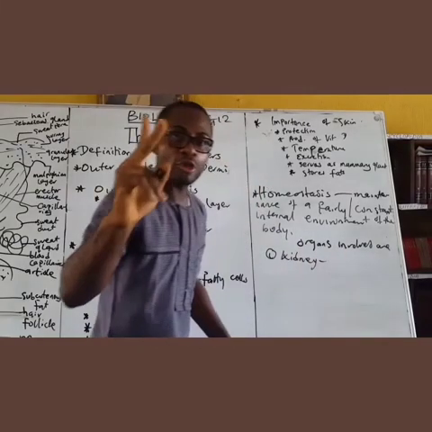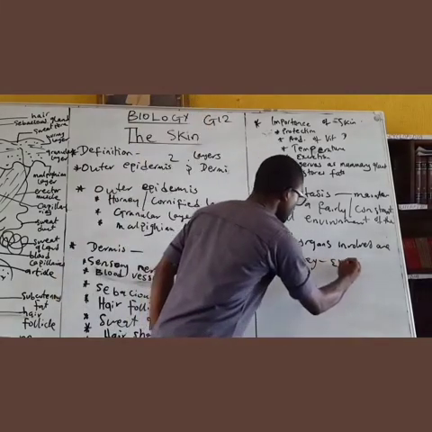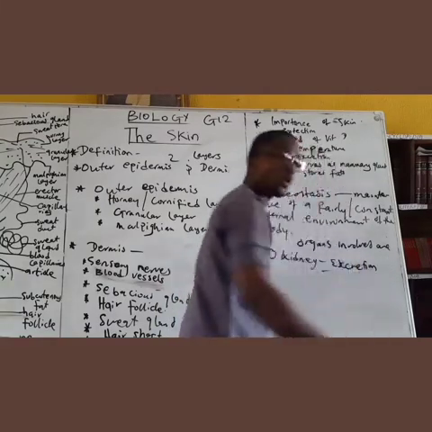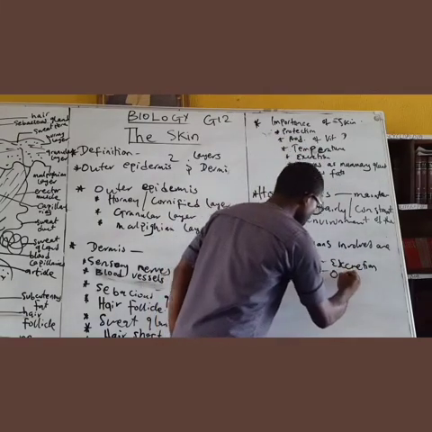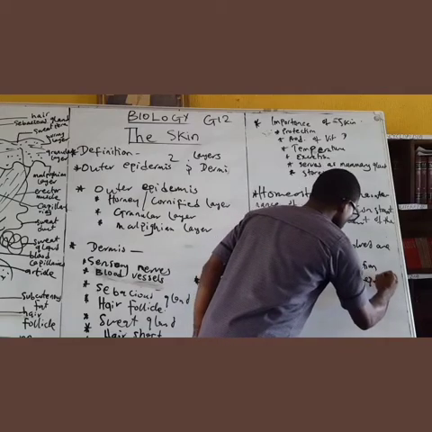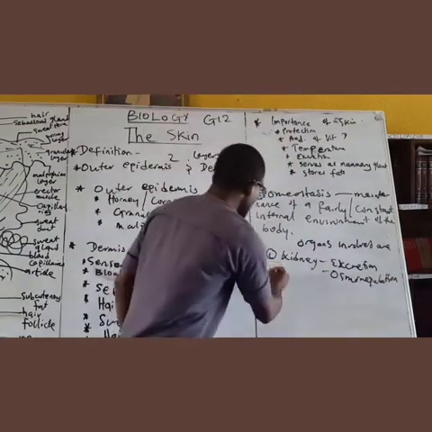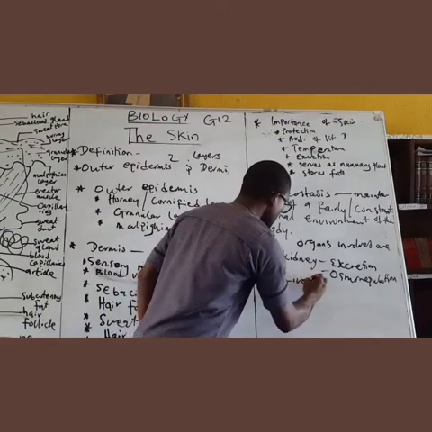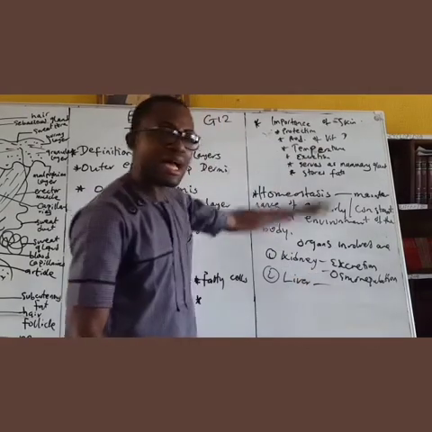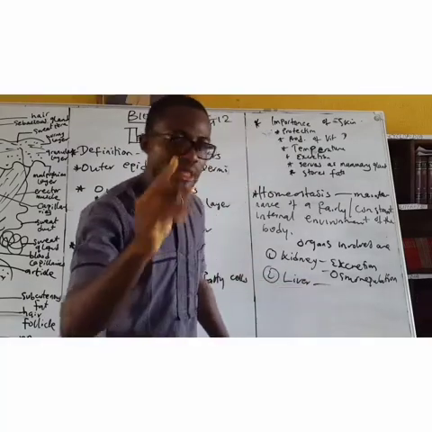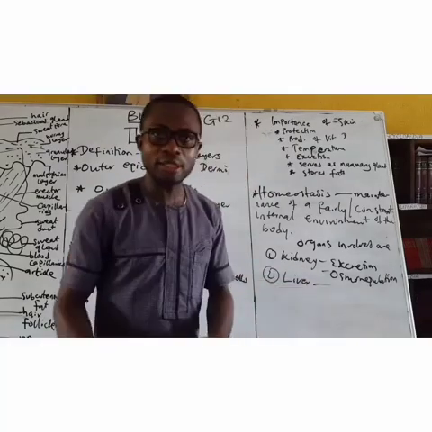The kidney has two functions: excretion and osmoregulation. These things we've done last time. We have the liver. The liver has a lot of functions. Without the liver, your body cannot be properly digested.